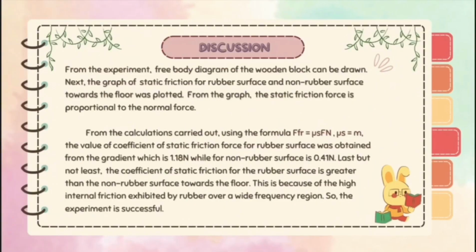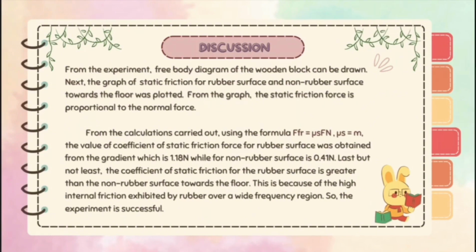Furthermore, from the discussion of the experiment, the free body diagram of the wooden block can be drawn. Next, the graph of static friction for the rubber surface and non-rubber surface toward the floor was plotted. From the graph, the static friction force is proportional to the normal force. From the calculation carried out using that formula, the value of the coefficient of static friction for the rubber surface was obtained from the gradient, which is 1.18, while for the non-rubber surface it is 0.41.